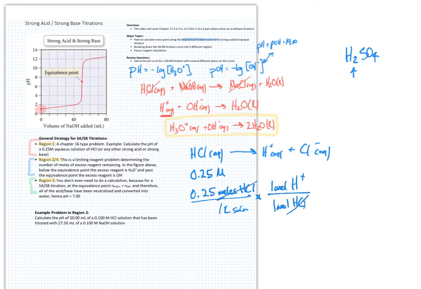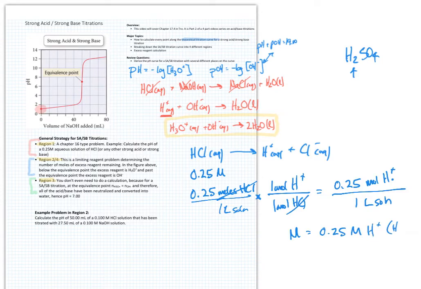And that's going to cancel that. So that's going to give me 0.25 moles H+ for every 1 liter of solution. In other words, the molarity of this solution is equal to 0.25 molar in H+. And then also remember, whenever we say H+, that really means H3O+.